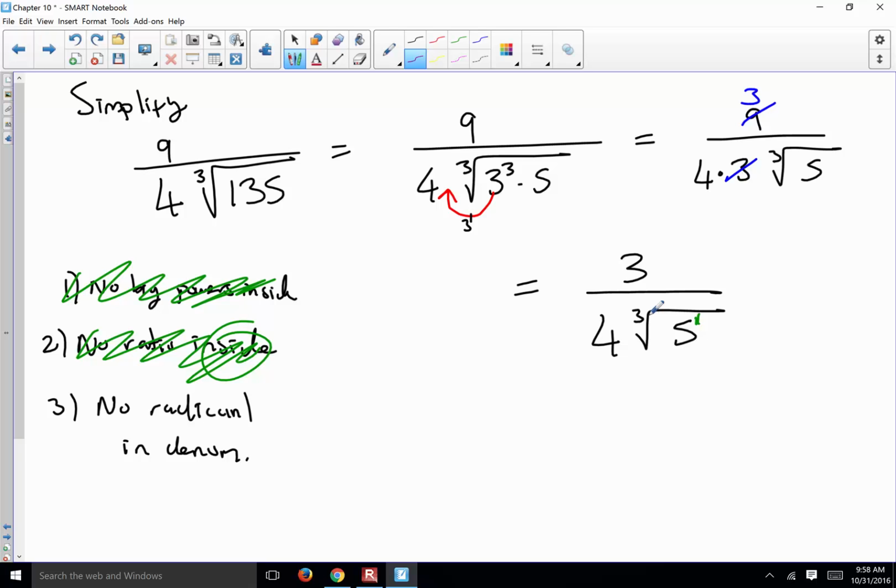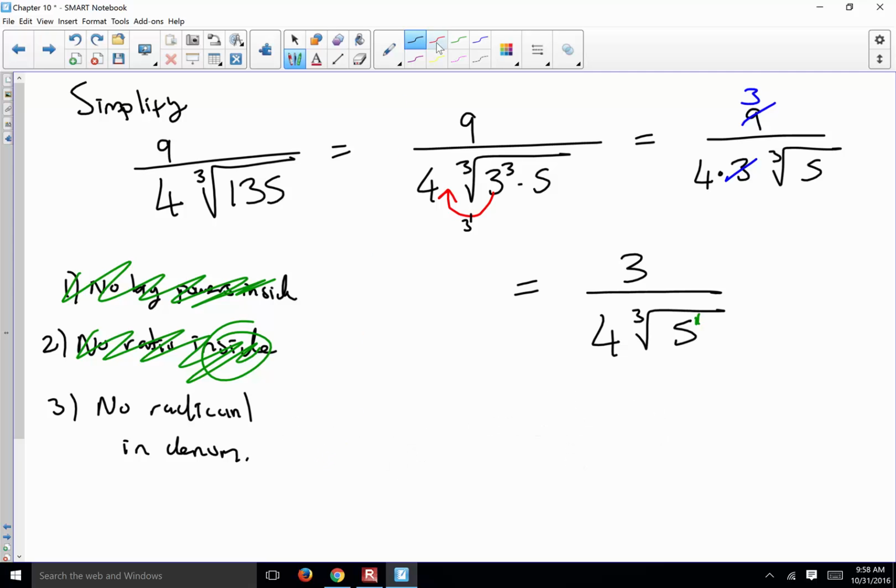No, we can't flip it, because when I flip a ratio, it's no longer the same. Like if you have 1 over root 2, and I flip it to 2 over 1, they are not the same number. Divide 1 by root 2, I think it is 0.7. This is 1.4. They are not the same. So you can't flip a ratio, okay? Because it's not the same number anymore.